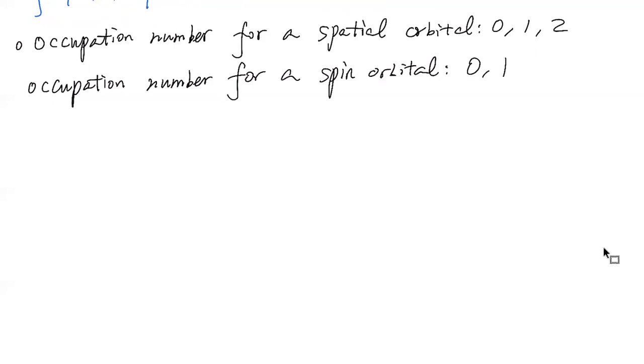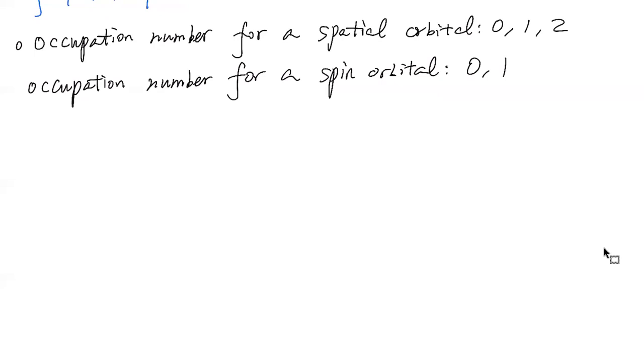At the same point, you can only have 1 electron. When I say at the same point, I'm talking about the X space, okay? The complete electronic coordinate space, which includes the spatial coordinate and the spin coordinate.